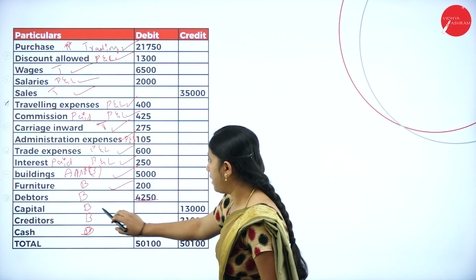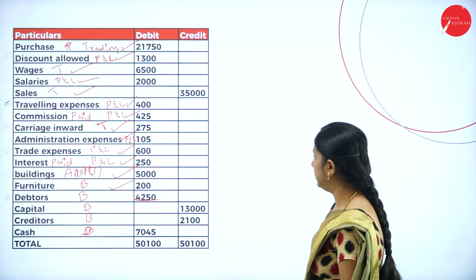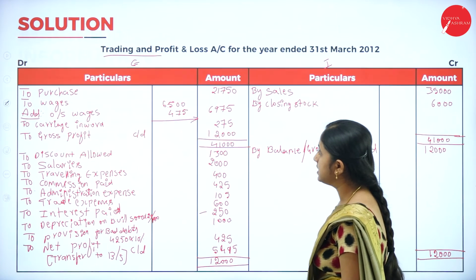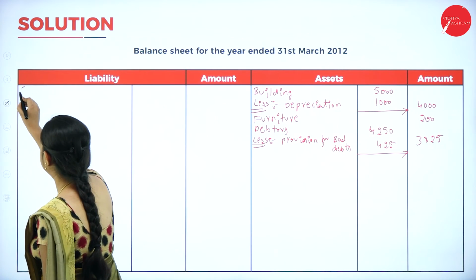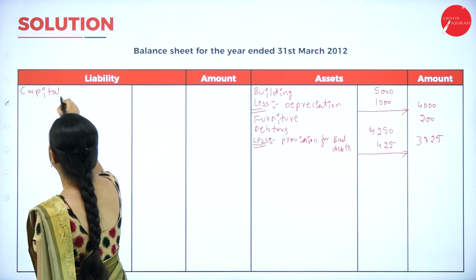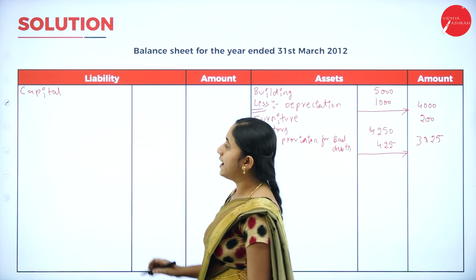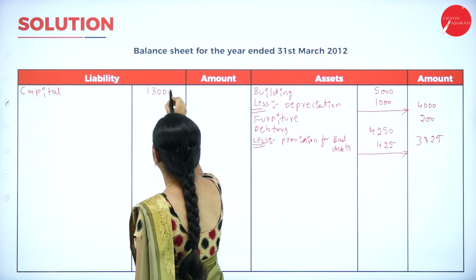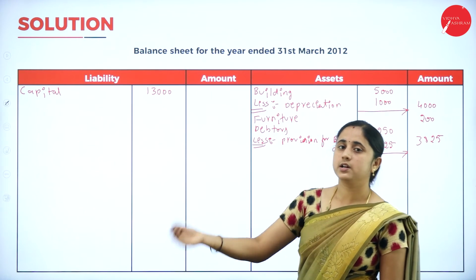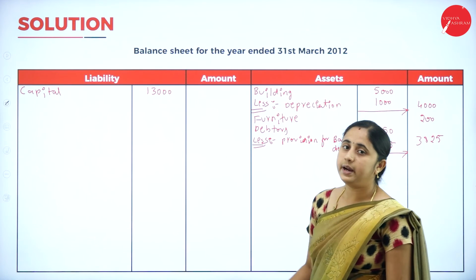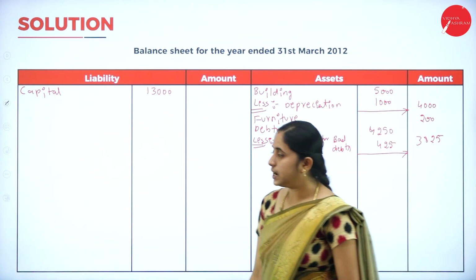Next, capital. Capital 13,000. Capital is liability. So write in the liability side capital. In the pro forma, we'll write capital amount in inner column and you need to deduct net loss, or if it is profit, add with capital, then deduct drawings, then income tax.